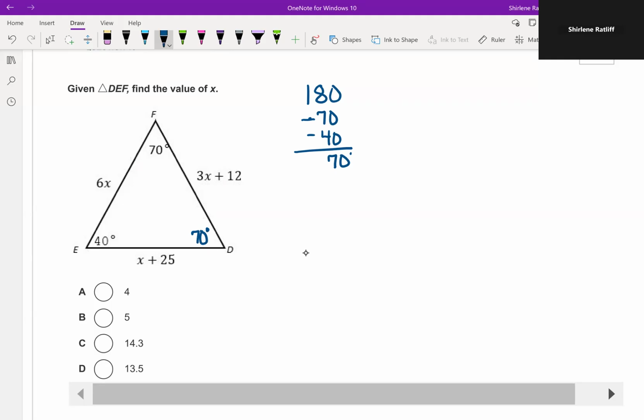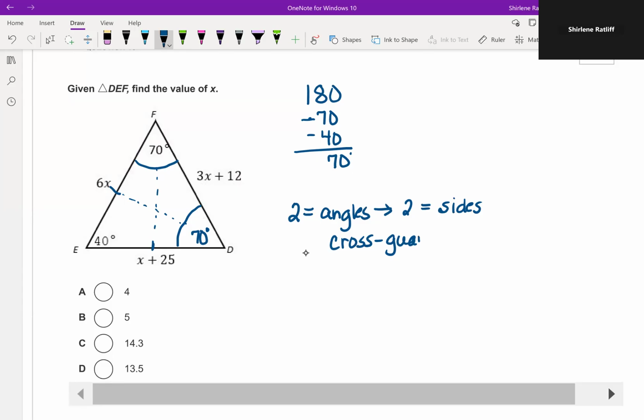Now, next, you got to look at those angle measures. If you have two equal angles, then you're going to have two equal sides, and you do the cross guard to find the equal sides.